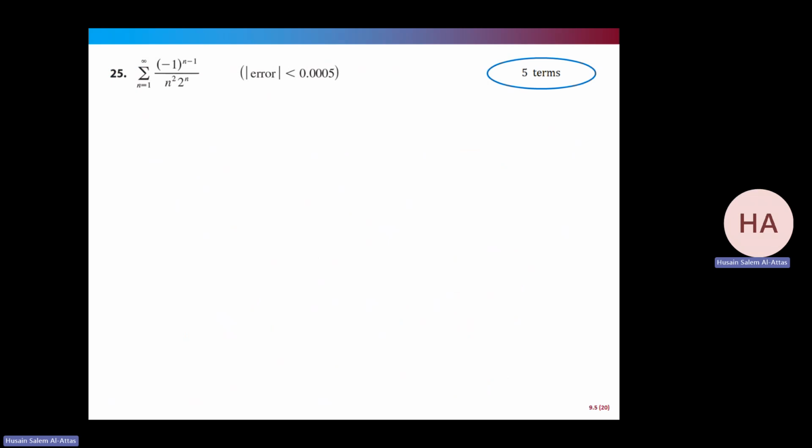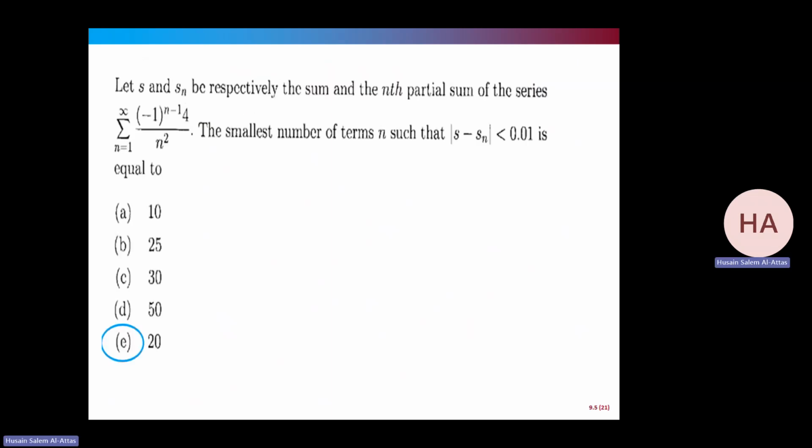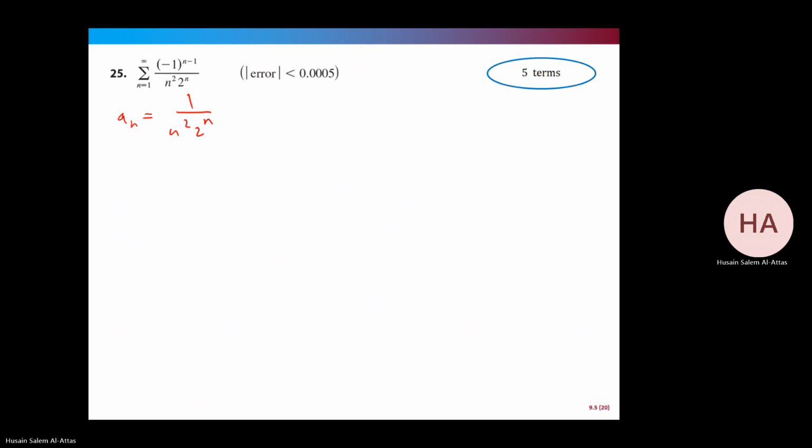Another example. We need to check this is converging. a_n is 1 over n squared times 2 to the power n. So the limit of a_n, this is positive, very clear. This is alternating. As n goes to infinity, this is 0, very clear.